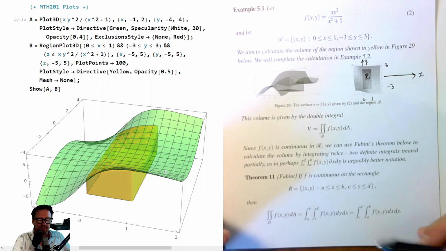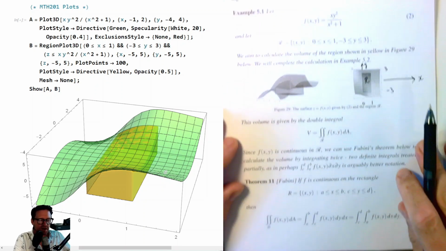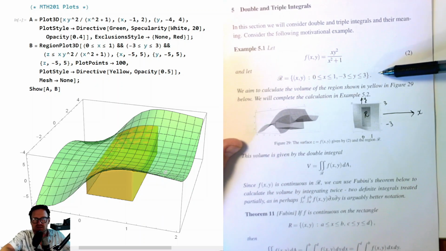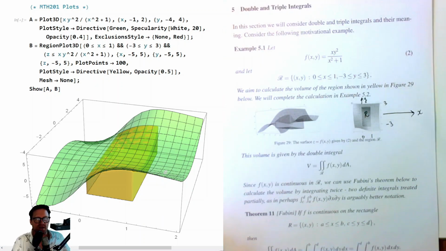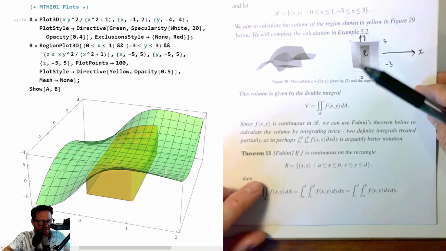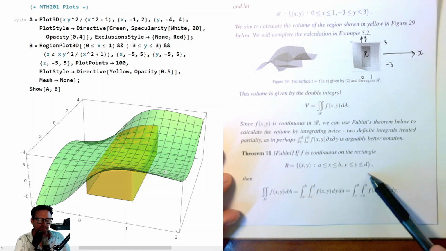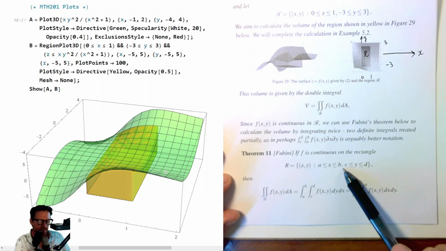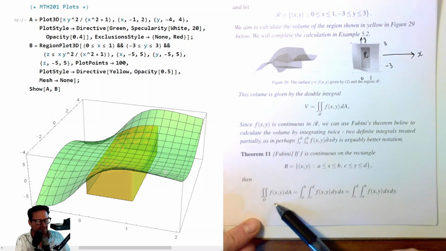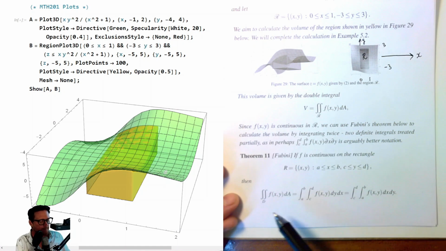Okay, so what Fubini's theorem says is that you can calculate such an integral in two ways, because this is a rectangular region, which makes that easy to swap around. So Fubini's theorem is the statement: if f is continuous on the rectangular region, x goes from a to b, y goes from c to d, then the double integral, and you may as well change that d into an R if you like, so it matches what we have up there, but it doesn't really matter.